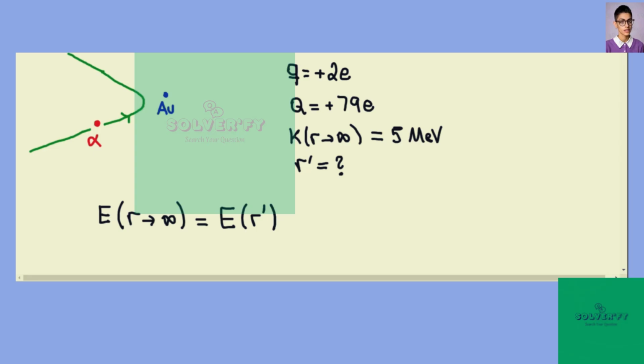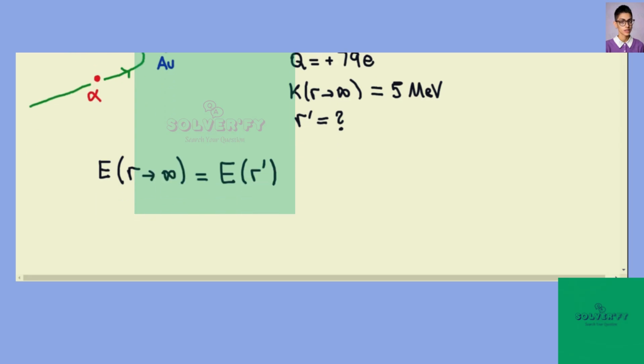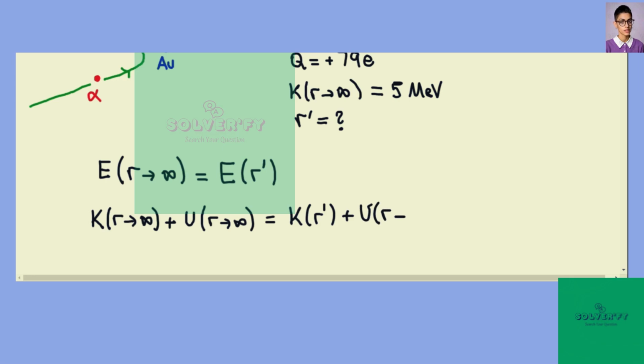Okay, so the total mechanical energy of the system is given by the kinetic energy of the alpha particle when r goes to infinity, plus the electric potential energy U when r goes to infinity, and this is equal to the kinetic energy at r prime plus the electrostatic potential energy when r equals r prime.